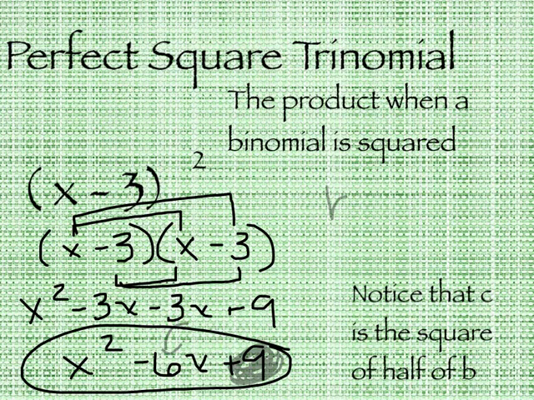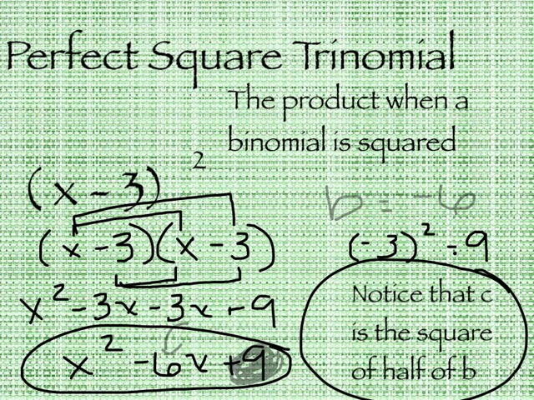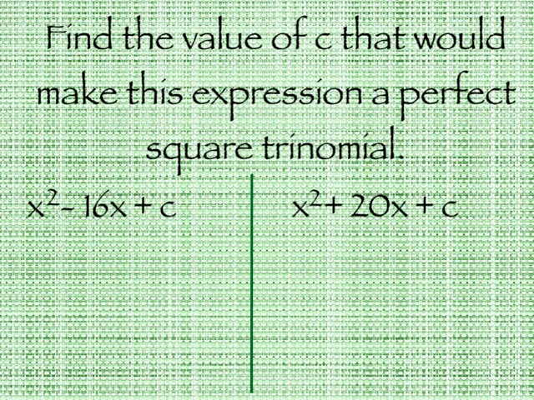So b is negative 6, and half of negative 6 is negative 3, and the square of negative 3 is 9. So, again, notice and remember that c, or the last term, is the square of half of b, or the middle term.